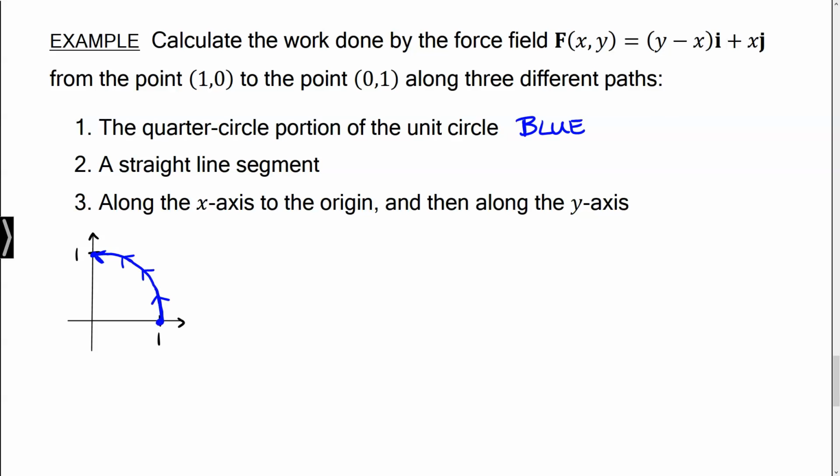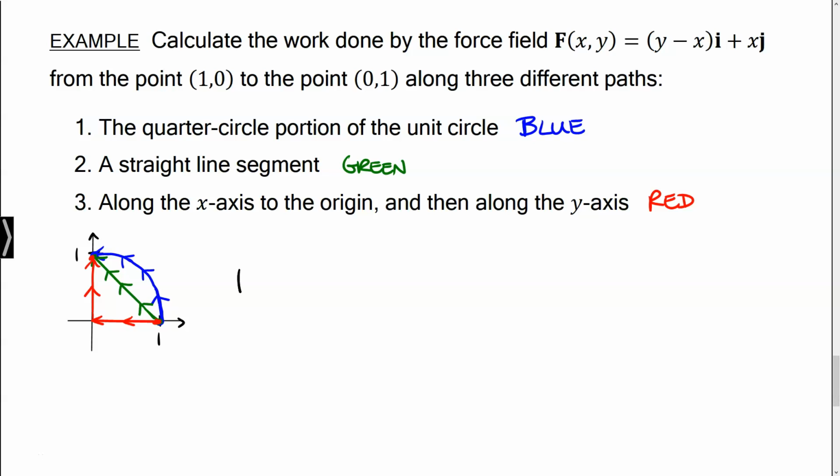This is the quarter circle portion of the unit circle. The straight line segment, I'll do in green. And then the last one, say, in red. Now we're going to go along the x-axis, and then along the y-axis: straight over to the left, and then straight up. Okay, so let's look at each of these in turn.